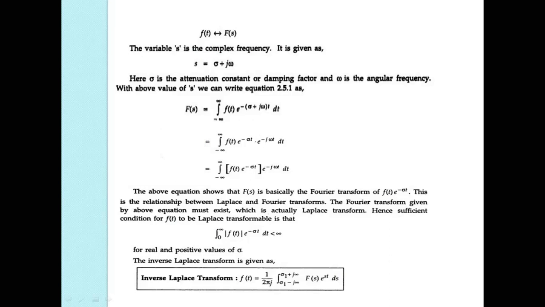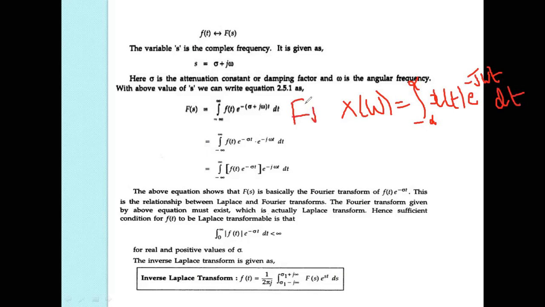We know X(omega) is the Fourier transformation, the integral from minus infinity to infinity of x(t) e power minus j omega t dt. What is the inverse Fourier transformation?